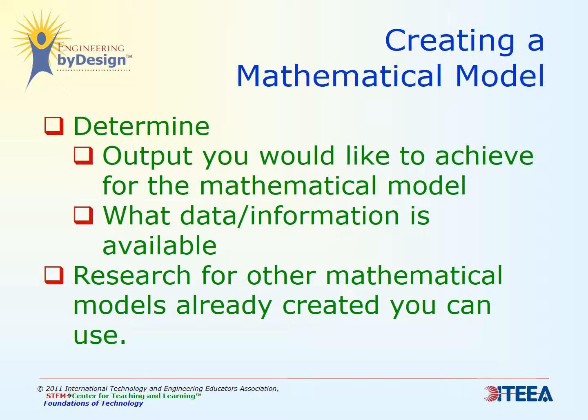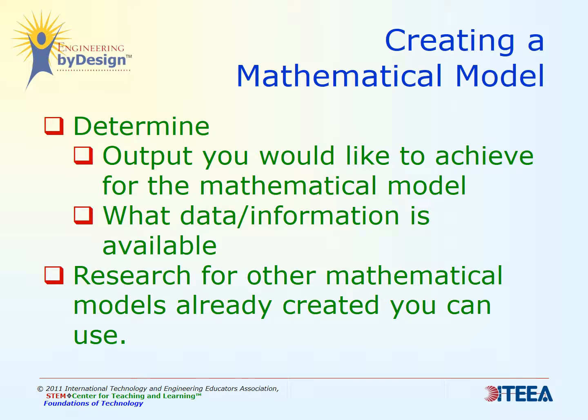Creating a mathematical model. Now, in order to create your mathematical model, there are a few things you're going to need to do. You're going to determine the output you would like to achieve for the mathematical model. What is it going to do?